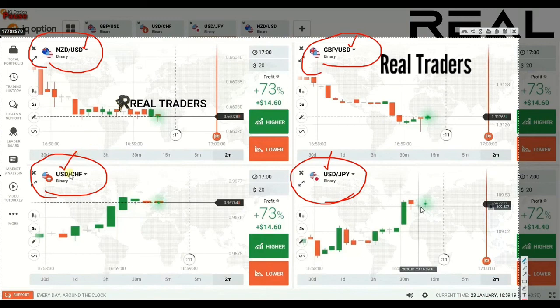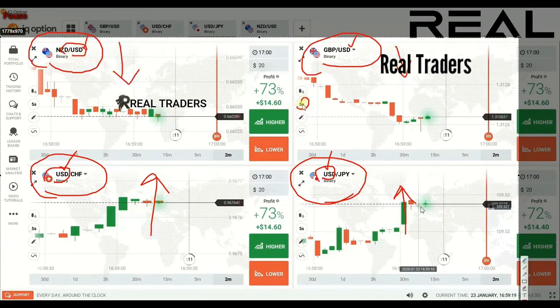We are seeing the USD price will go up, right? So the major price will go up. In these 2 below charts the price will go up, and in these 2 above charts, because it is in the second place, the price will go down.